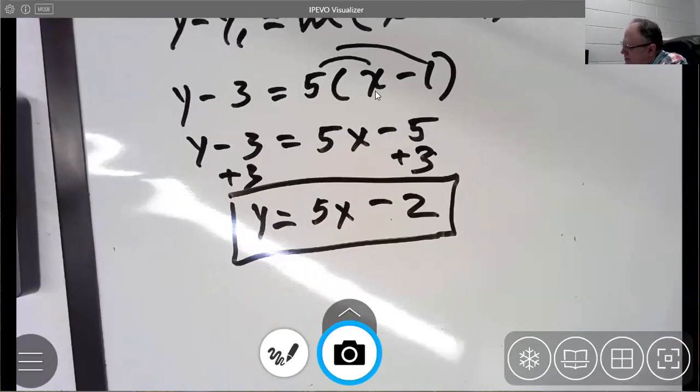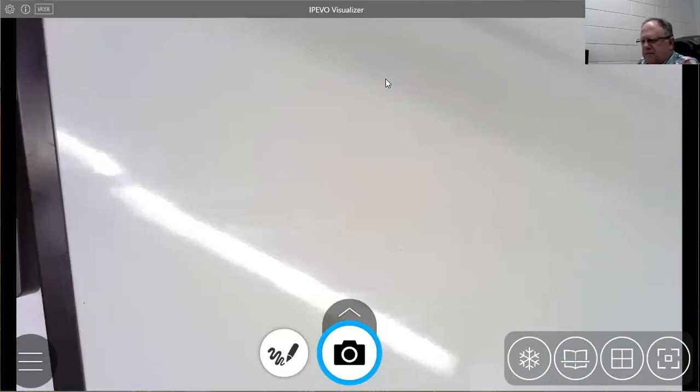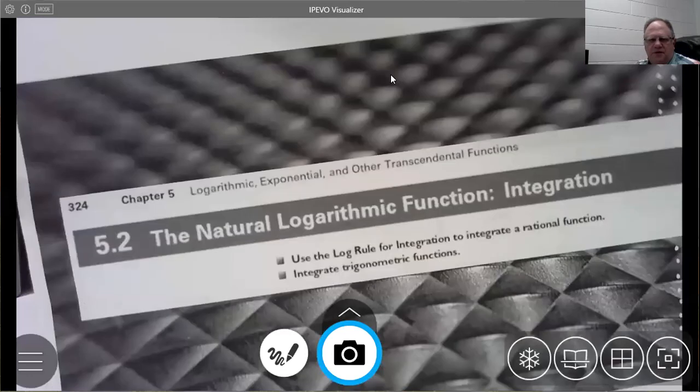All righty. So that's the end of lesson 5.1. All right, so here's lesson 5.2.